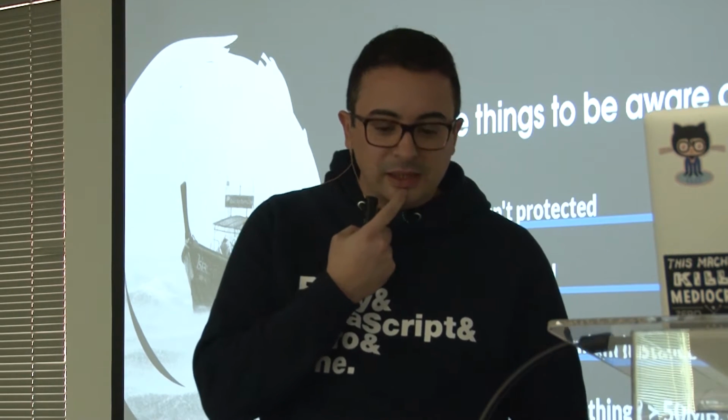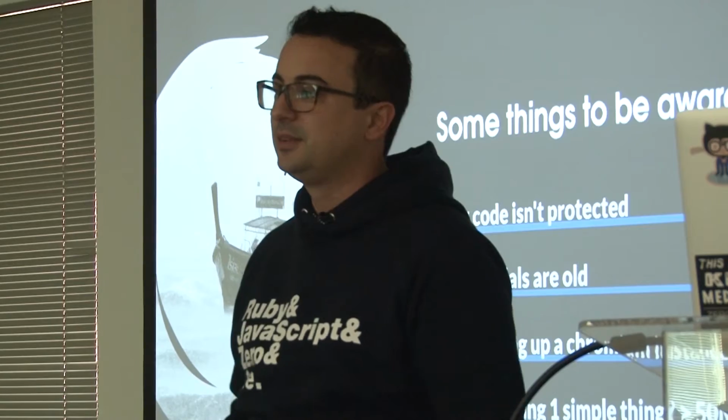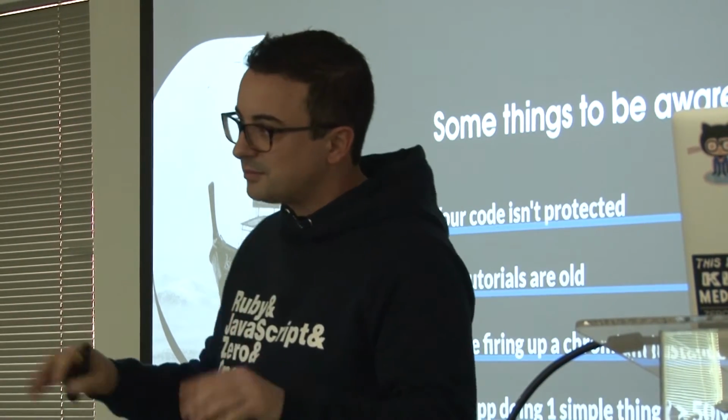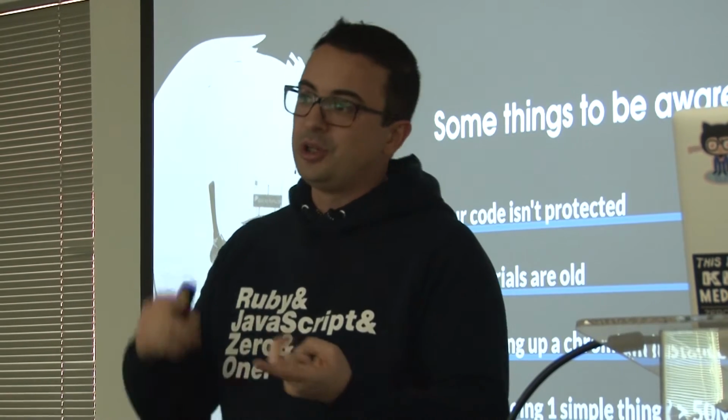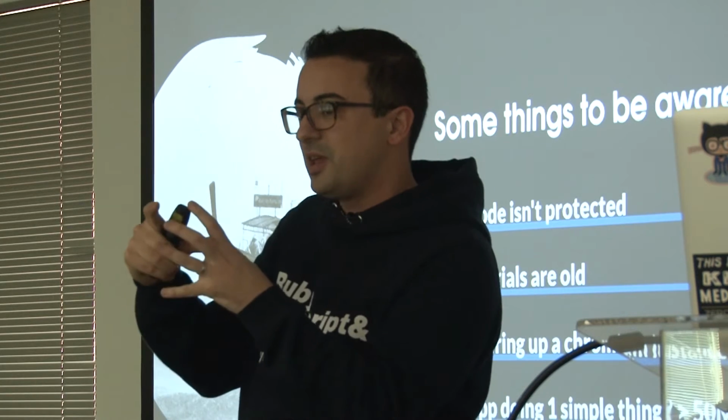And then finally, say you're doing a tiny app that does one little thing. You're making a Pomodoro timer, or something that checks a stock counter. It does one tiny thing, and you're looking at a 50 meg payload off the bat. That's because you're packaging Node, the V8 engine, Chromium, and the Electron framework all into that.